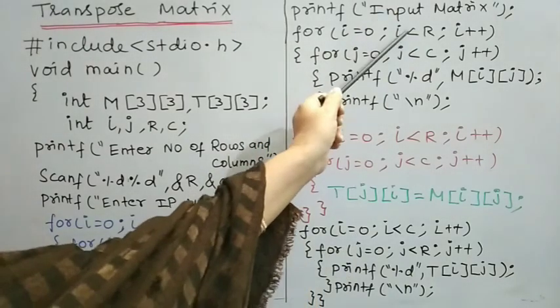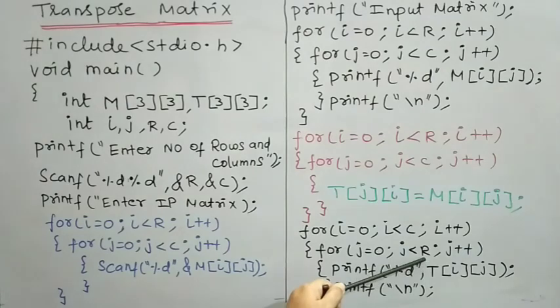The row in the input matrix is mapped into column, and the number of columns is mapped into the number of rows. So i varies from 0 to C minus 1, which is the index position of rows in the output matrix, and j varies from 0 to R minus 1, which is the index position of columns in the output matrix.